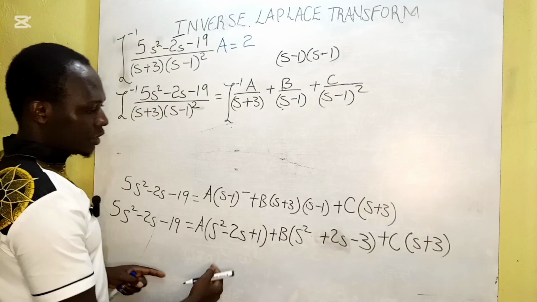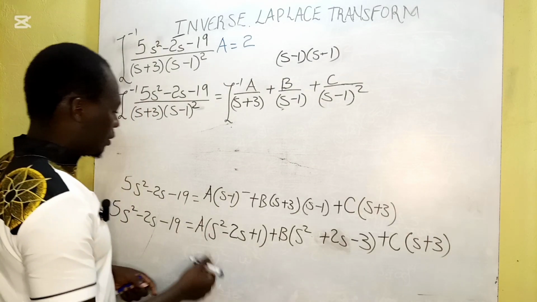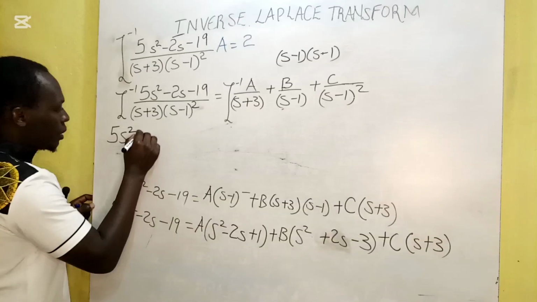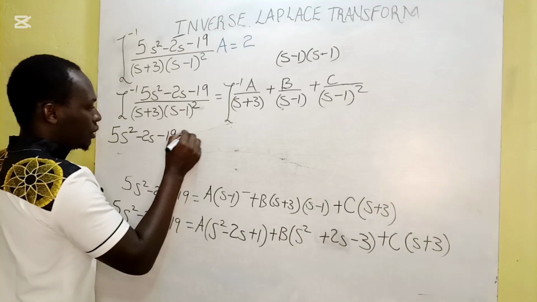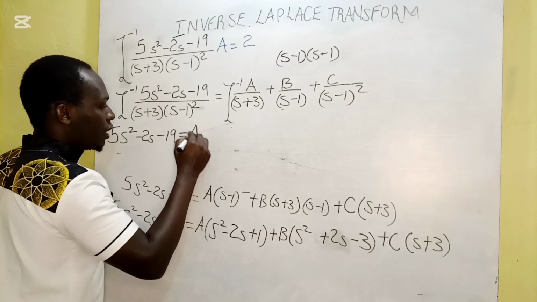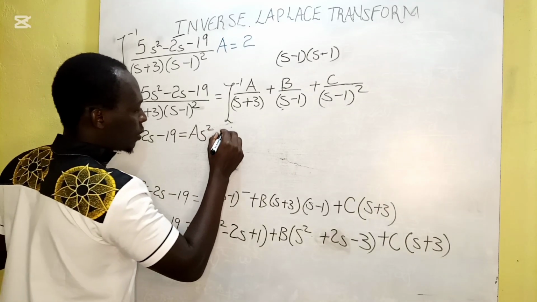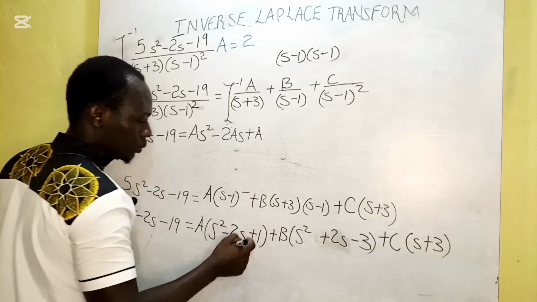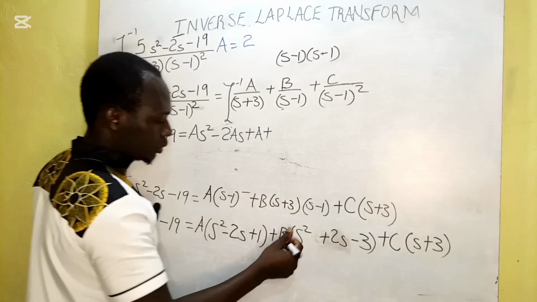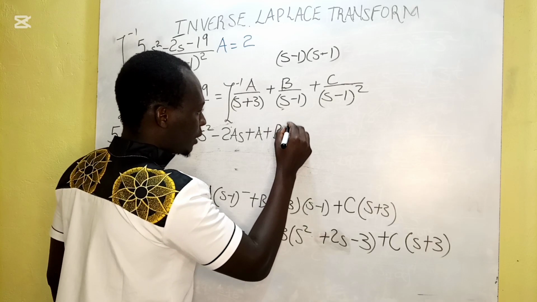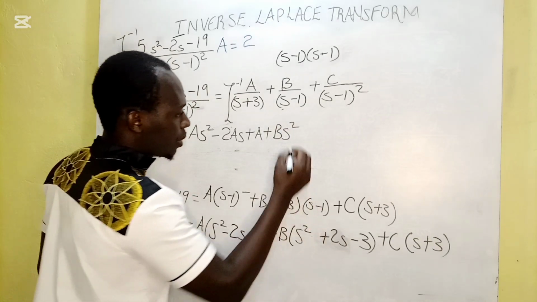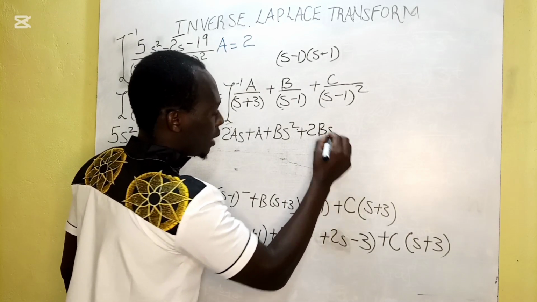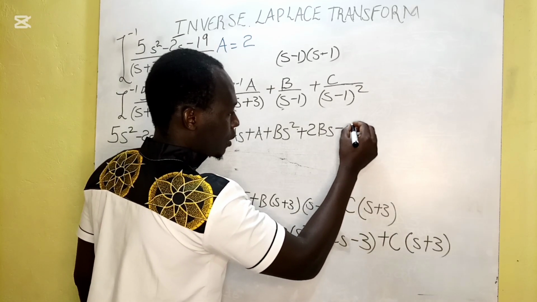Let us now open the bracket here using the values of A, B, and C. We are going to have 5s² − 2s − 19 is going to be equals to As² − 2As + A, we come and add, here we are going to have Bs² + 2Bs − 3B.